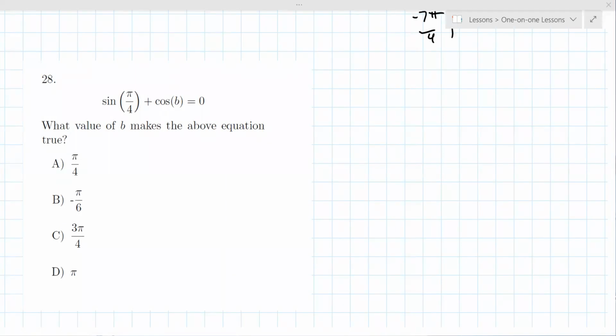Pi over 4, is that it? 5 pi over 4 and 3 pi over 4. Okay, see, I did it. Oh my God, I'm so good. It is C. Very good.